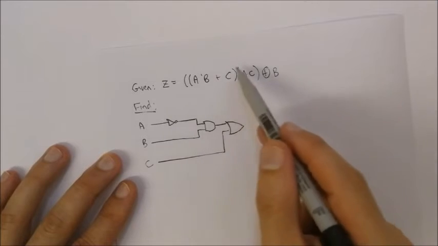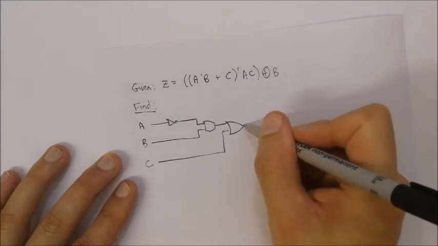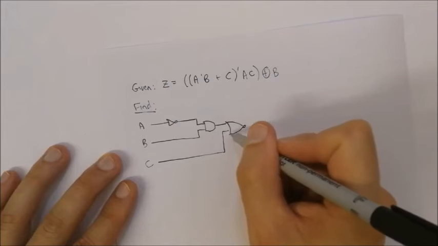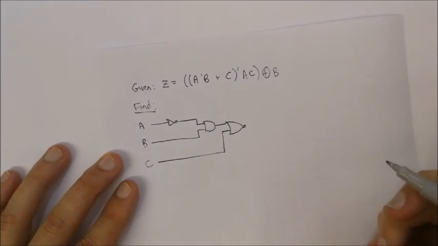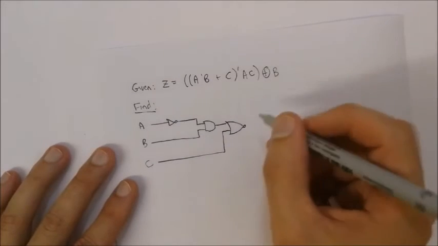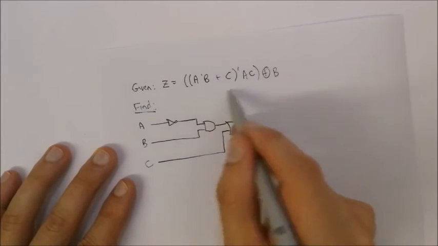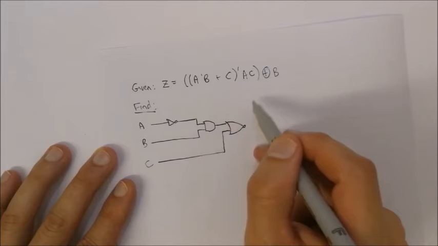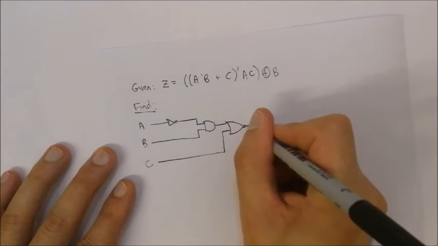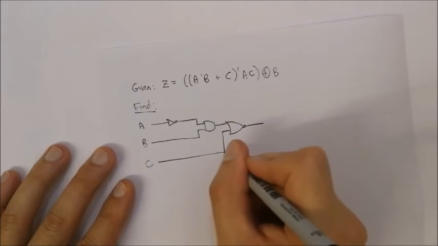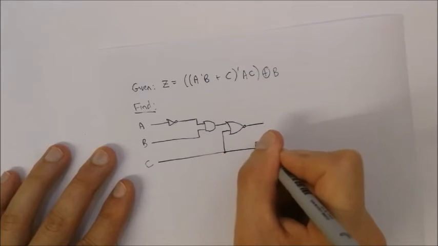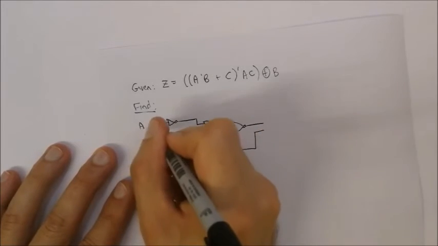Yet that whole expression is NOTed. So instead of just a normal OR gate, we can make that a NOR gate. Now the output of this expression in the first bracket is ANDed with A and C. We've got C over here and we've got A over here.